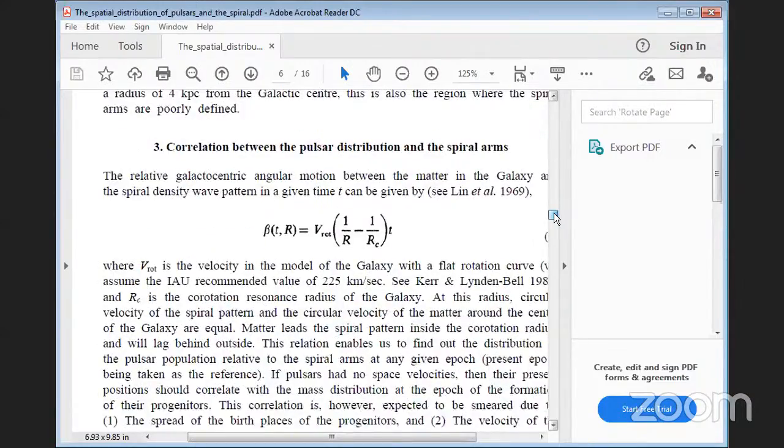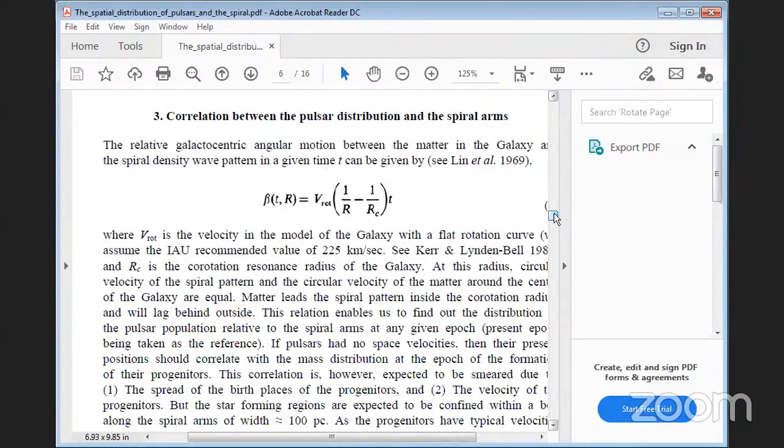Okay, and then one looks for basically the kinematics of the situation. We know that the rotation speed of the spiral density wave is given by this. It's a rigid rotation.